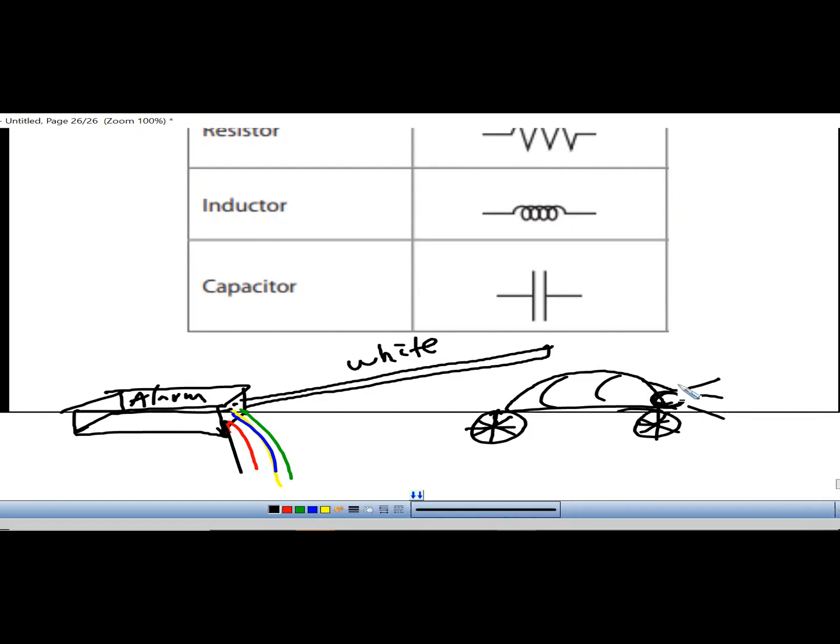Headlamps usually have two wires, one positive and one negative. So when we connect this to that positive, whenever you press the remote, on, off, it sends the signal, and that's why your lights flash when you press the remote.